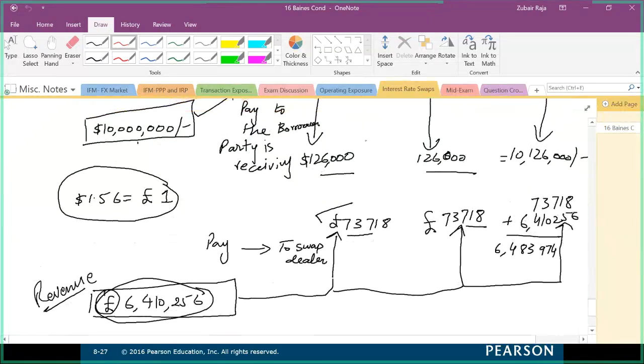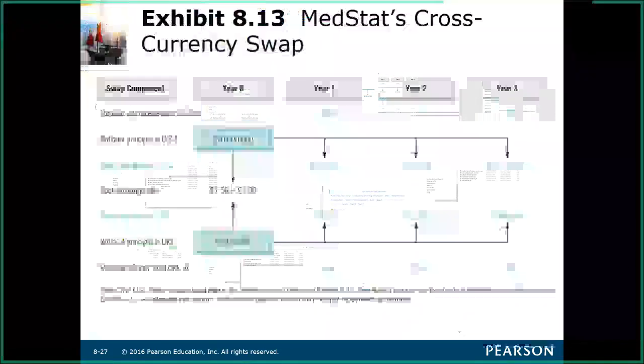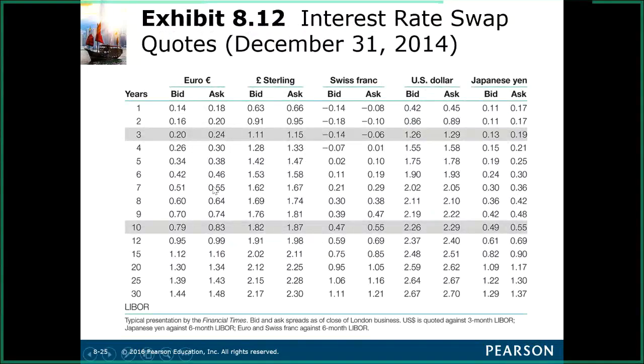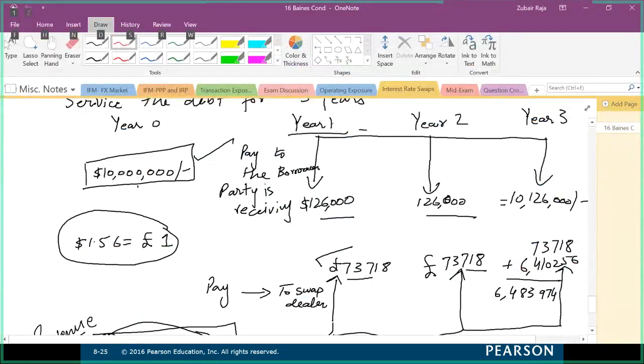Rate was given over here in the slide, in this exhibit, and you can see that the loan was for 3 years, year 1, year 2, year 3. For the loan payment, they want to keep receiving the dollars, right? And they want to keep paying the pounds.